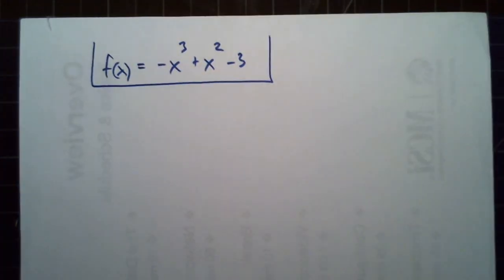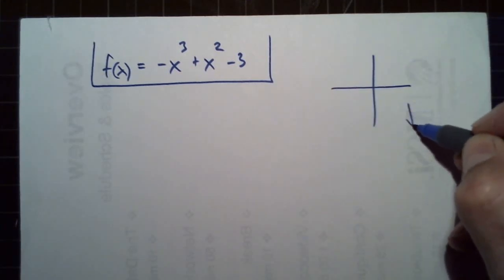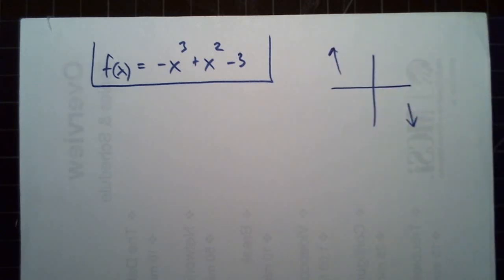And we don't have to do the same thing on this. I'll just tell you that this one's going to go down to the right, up to the left. And now let's go back and look for a shortcut so that we don't have to make a table every time.